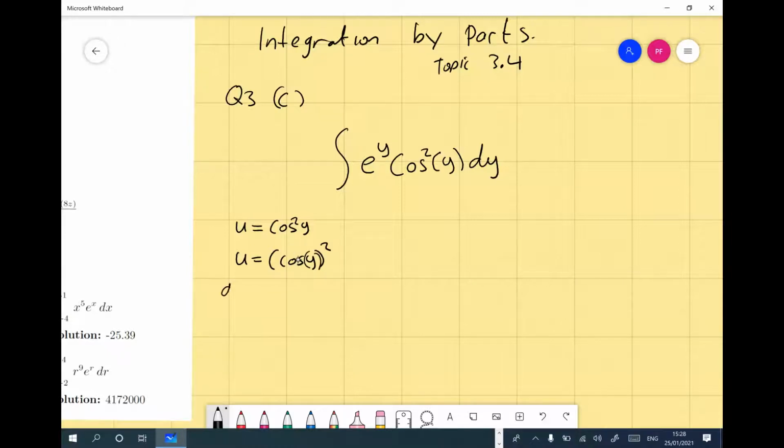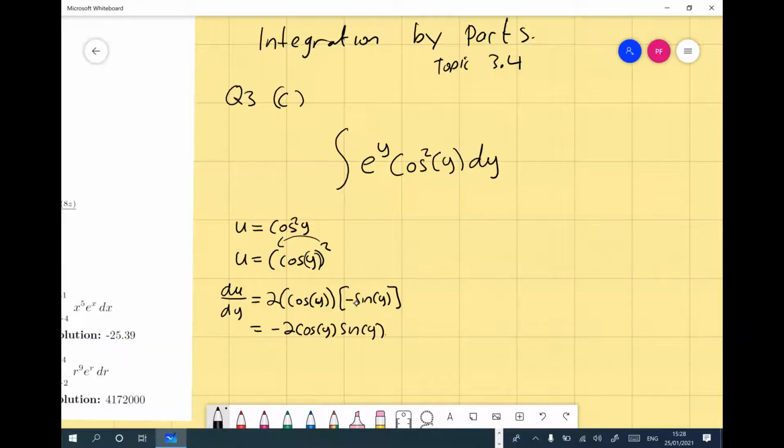So in the chain rule, du dy, I bring my 2 down in front to multiply. So it's 2 times the cos of y. And then I multiply that by the derivative of what's inside, and the derivative of cosine here is going to be minus sine of y. So when I reorder it, I bring my minus to the front: minus 2 cos of y sine of y.